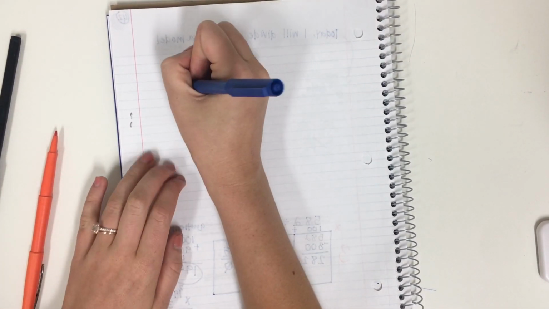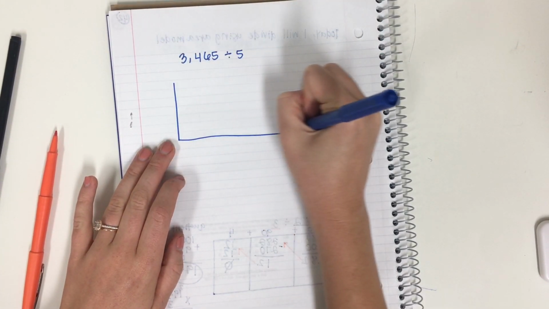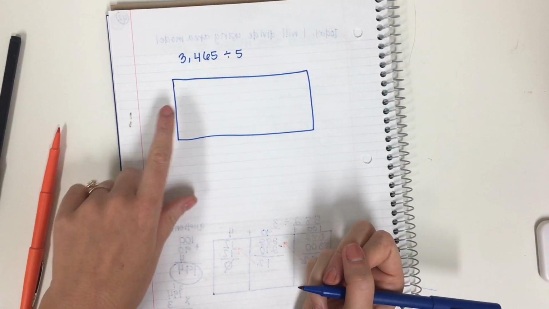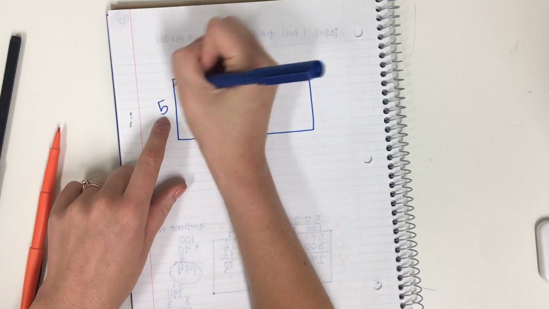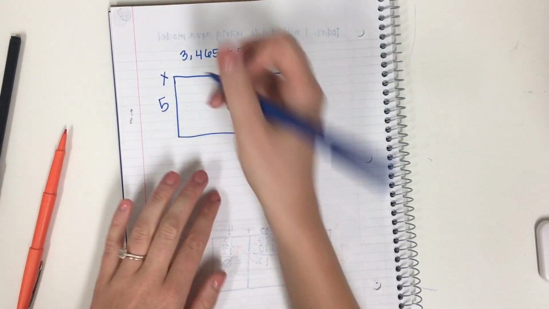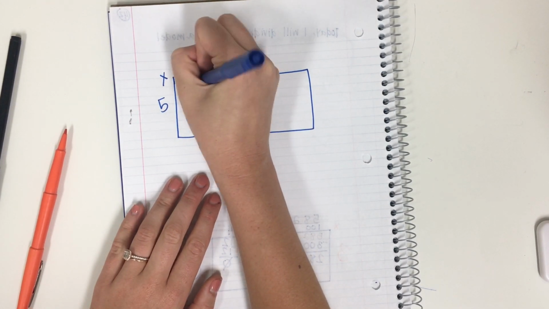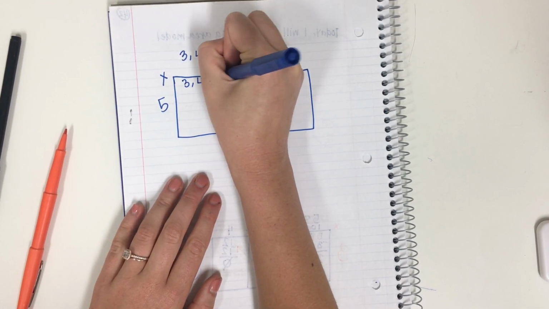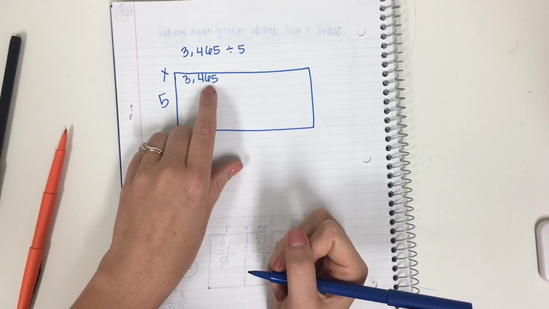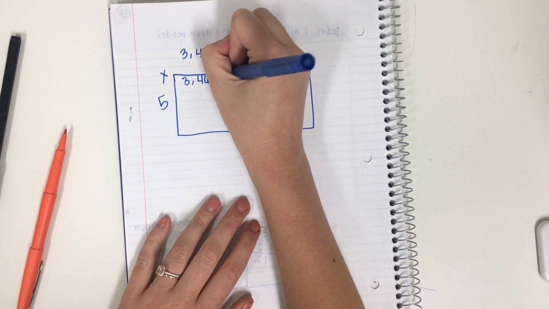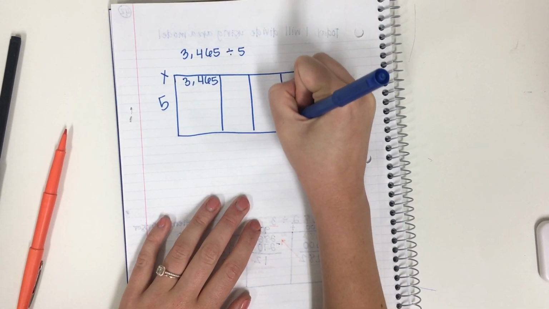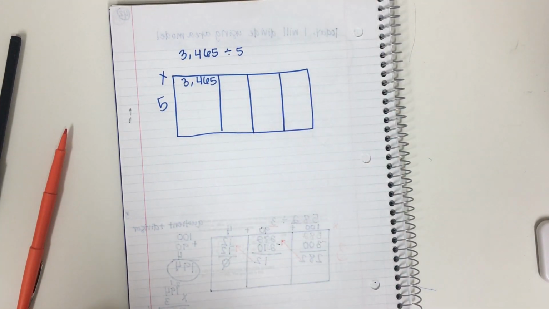Okay, first step, draw your nice big box. Step 2, write your divisor on the left with the multiplication sign. Step 3, write your dividend, 3,465. Then count your place values to do your column. So I got 1, 2, 3, 4.